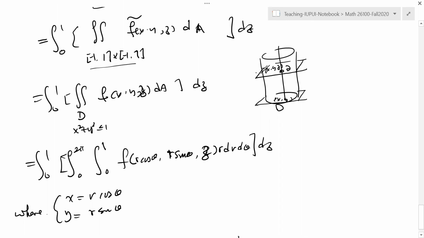Actually, for some problems, you can have six iterated integrals, because these three integrals can be in three factorial many orders: x, y, z; y, x, z; x, z, y, and so on. But I don't want to go to the last step.